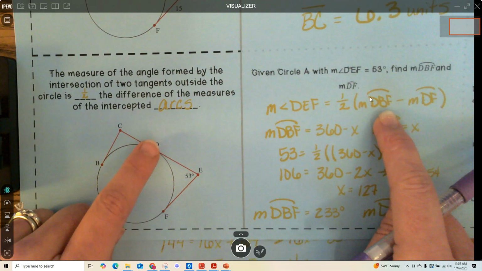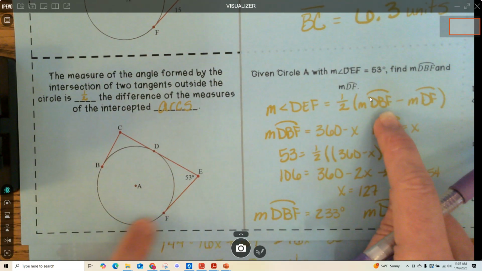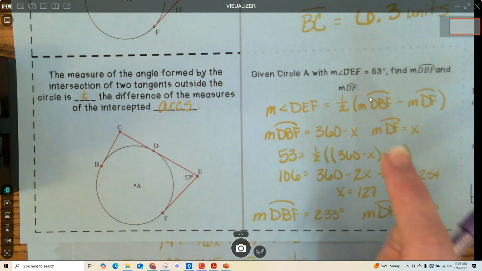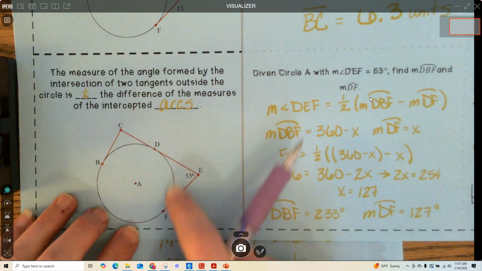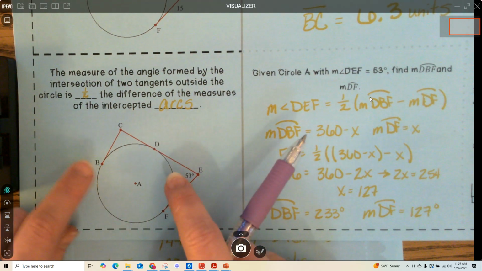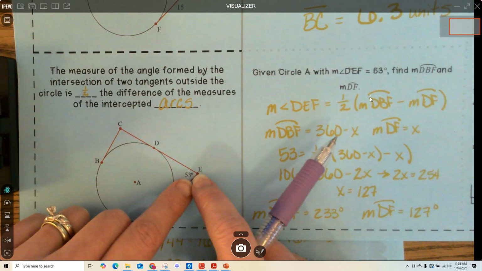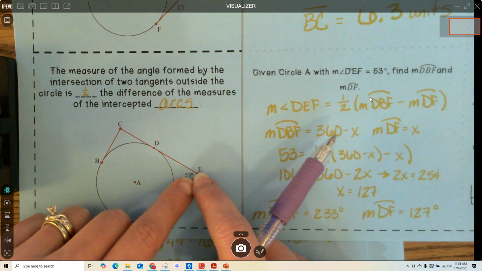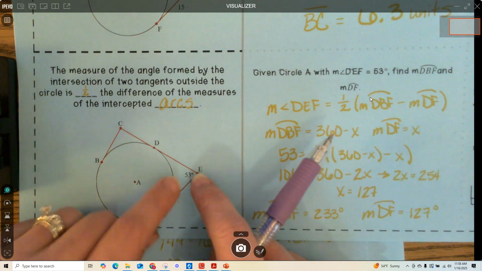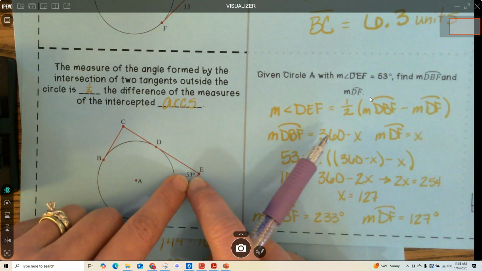The first arc is DBF, and that's called a major arc because it's bigger. And then the minor arc is the one that's in between those two points. If you subtract those two values, then half of that measure, it's kind of weird phrasing it, is the same as this angle measure.